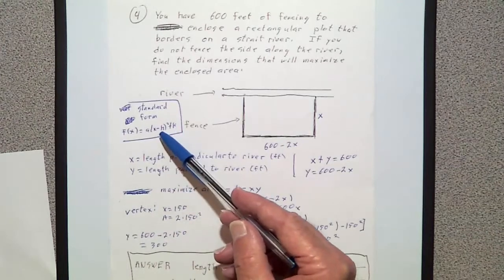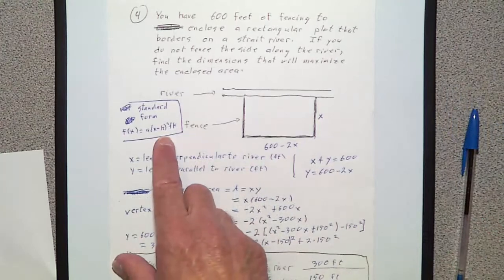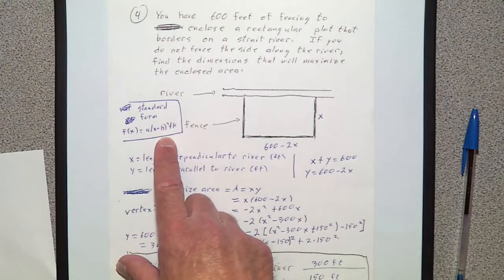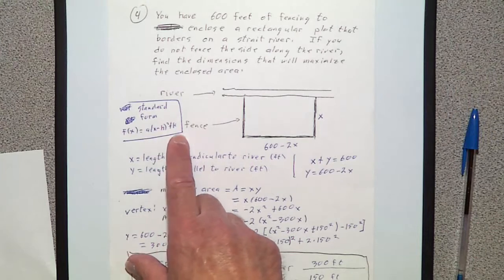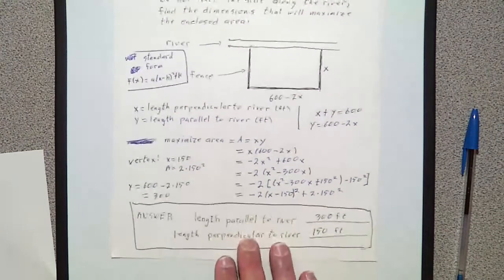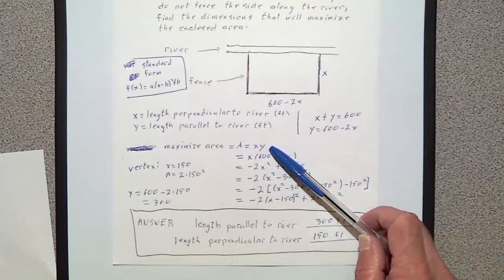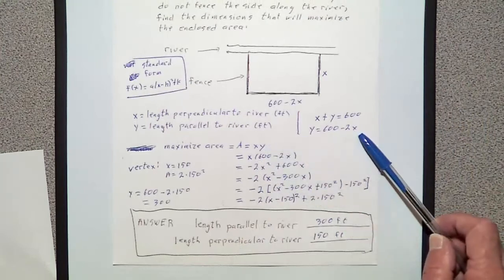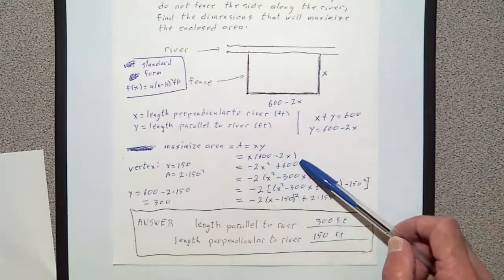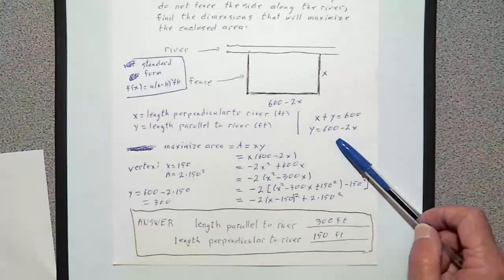The vertex occurs at (h, k). This opens down, so the maximum occurs when x is h, and that maximum value will be k. Well, we want to maximize the area, which is x times y, but there are 2 variables, so we get rid of 1. x times y is x times 600 minus 2x.